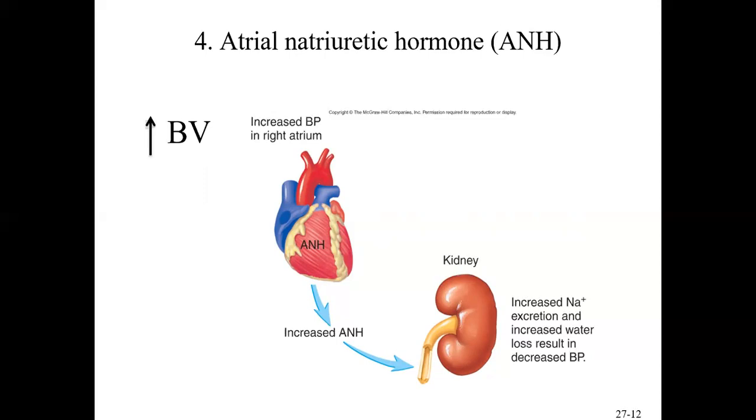The blood pressure in the right atrium is higher. That causes a little stretch reflex, and that causes the heart to produce and release the ANH or the ANP hormone. That causes the kidneys to start getting rid of some of the sodium that it can. So it gets rid of some sodium ions, and then because of osmosis, water wants to follow that sodium, and that helps you to decrease your fluid levels.